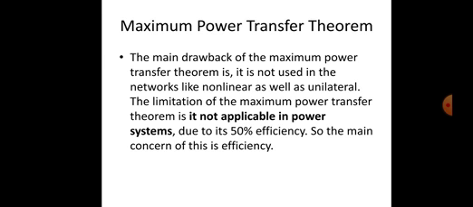So the main concern is efficiency. The theorem explains that to generate maximum external power through a finite internal resistance DC network, the resistance of the given load must be equal to the resistance of the available source.